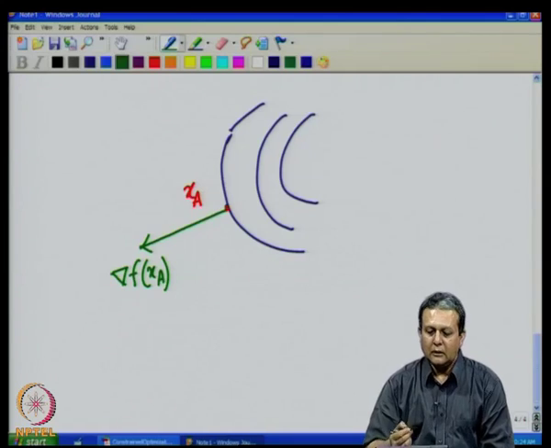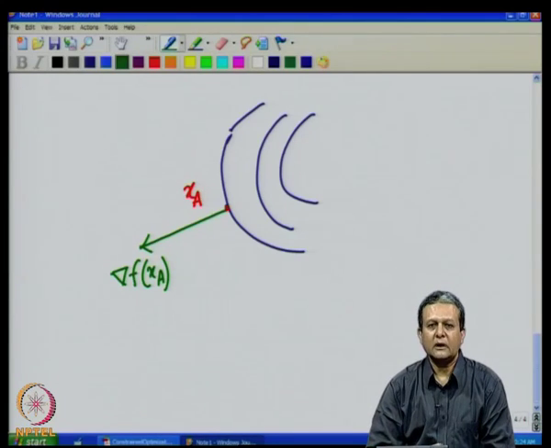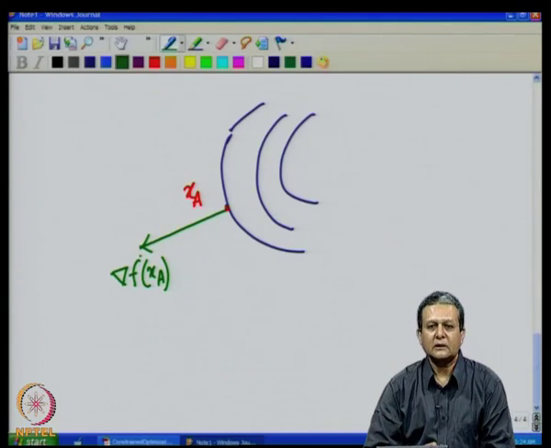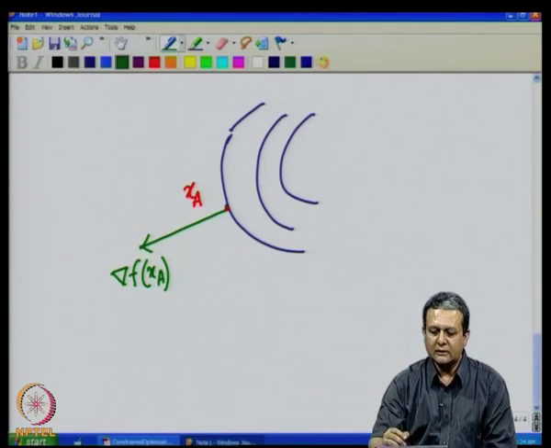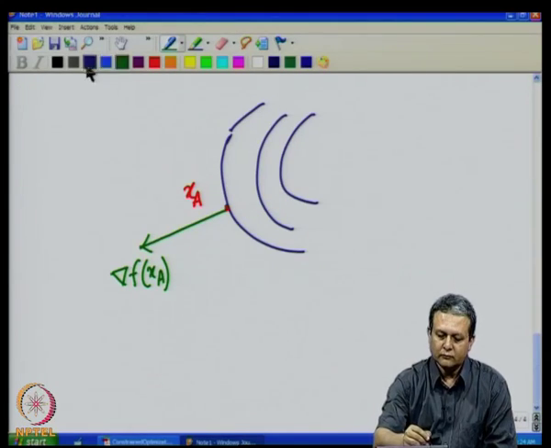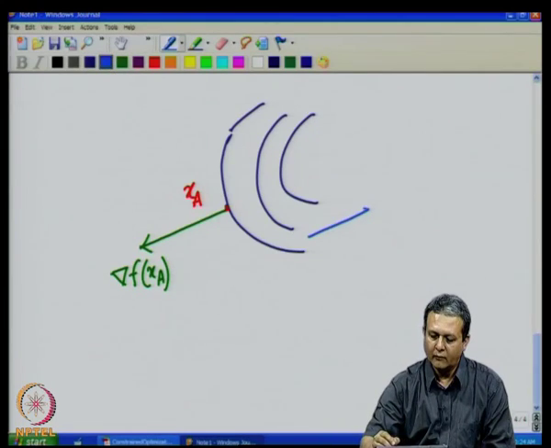Now, we have seen earlier when we studied unconstrained optimization that the gradient points in the direction where the function increases. So, along the opposite direction the function decreases.